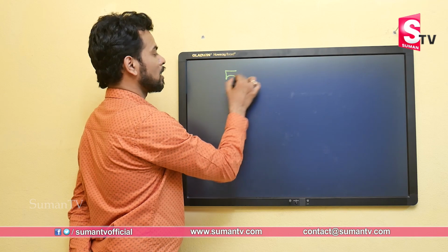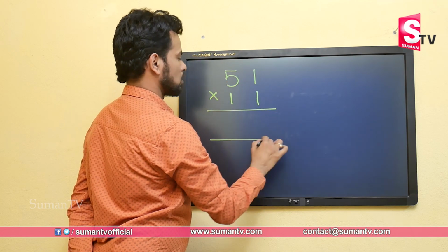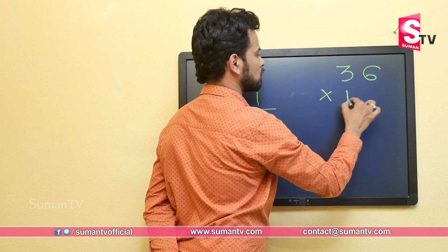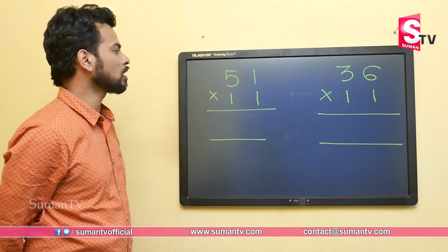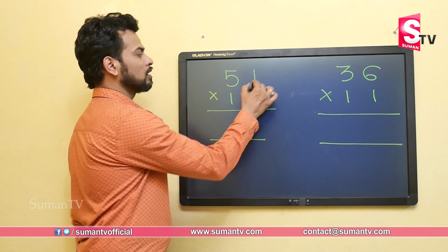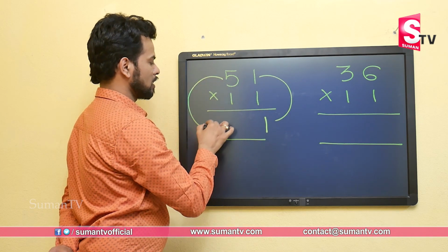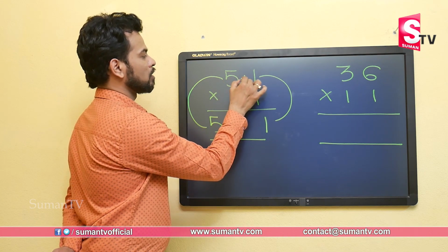So 51 into 11, 36 into 11. Let's see who can give the answer. Okay, so here in 51, this 1 we will place here, this 5 we will place here, and we will add 5 and 1.